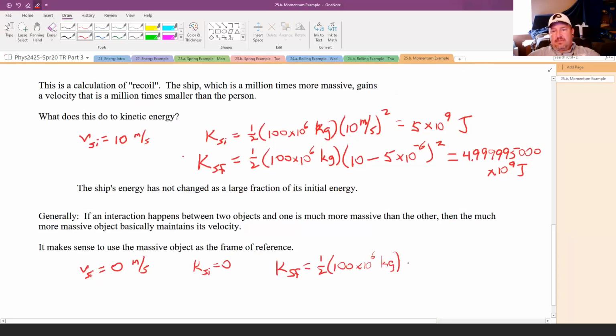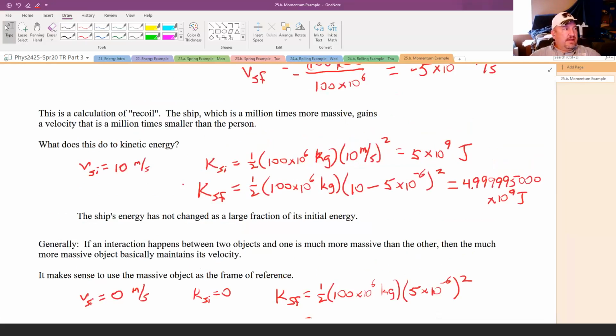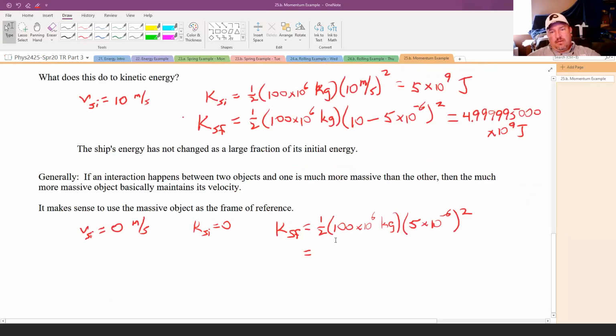kilograms times just the 5 times 10 to the minus 6 per second squared. And then that is 0.00125 joules.